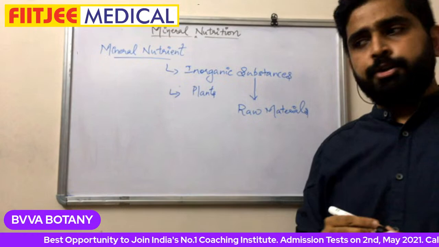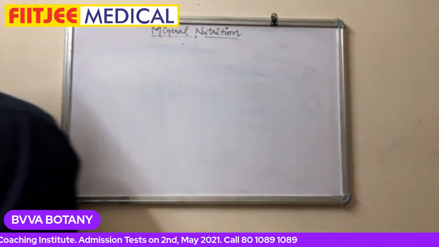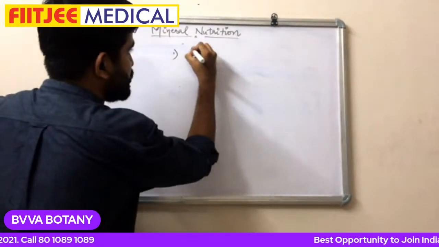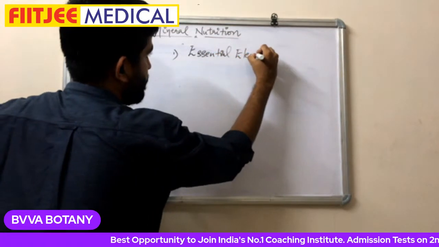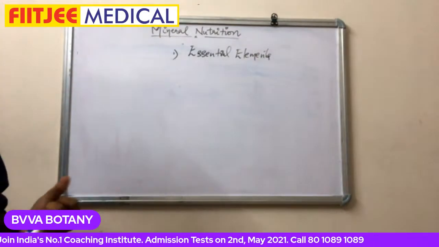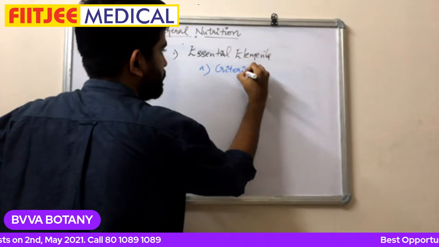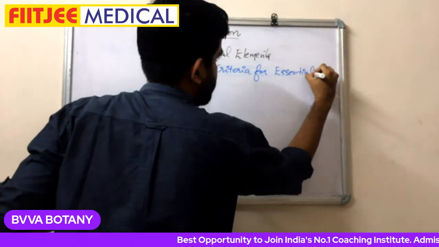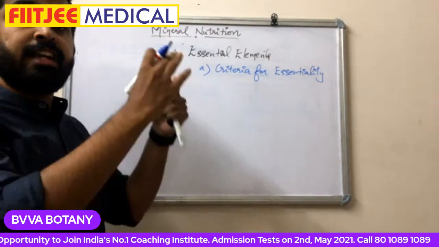Now, in this chapter, we are discussing under various headings. First, we will be studying about essential elements. Under essential elements, number one is the criteria for essentiality, which determines the quality of essential elements.